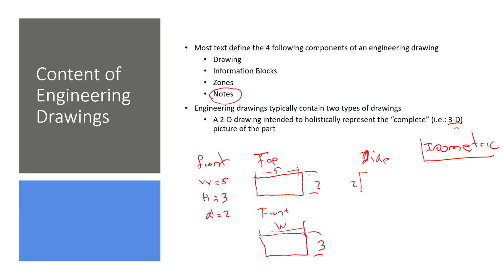And then let's see here, this is your width, this is your height, this is your depth. Sorry, no, the depth is 2 and your height is 3. Yeah, this is your side view.